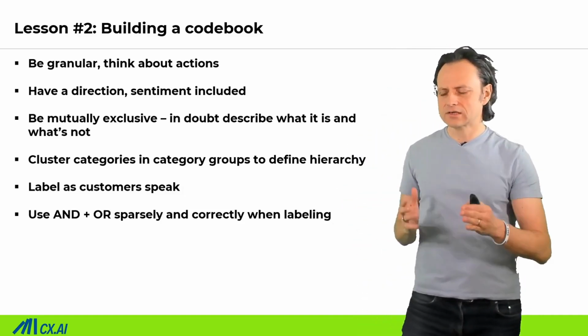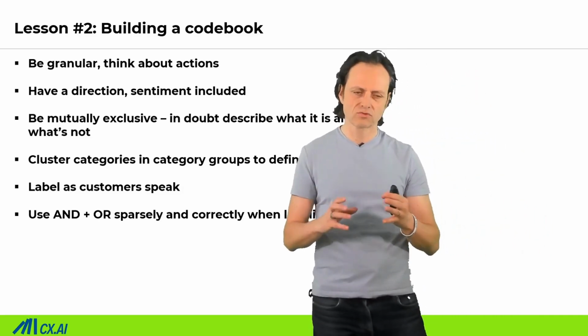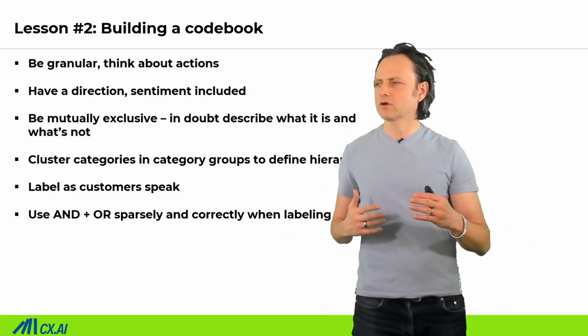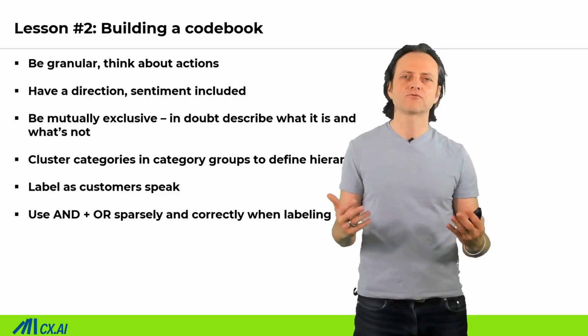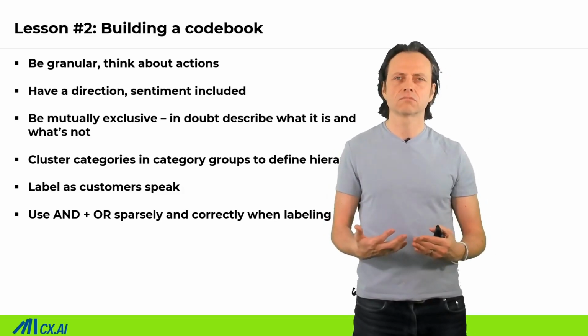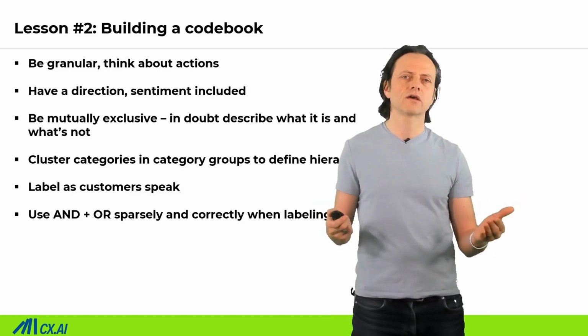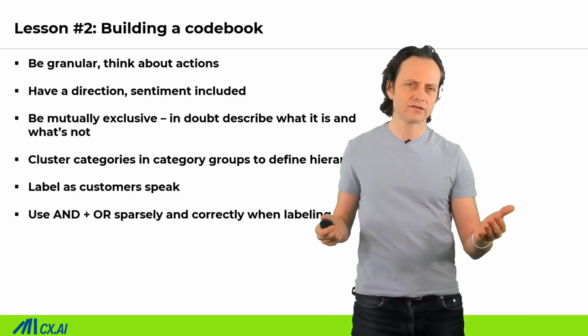Sometimes, as I said, you have certain categories and they don't really differentiate between each other. Maybe brand, great brand, a reputed brand, something like that, which from a customer view is hard to differentiate. Then you may want to say great or reputed brand.